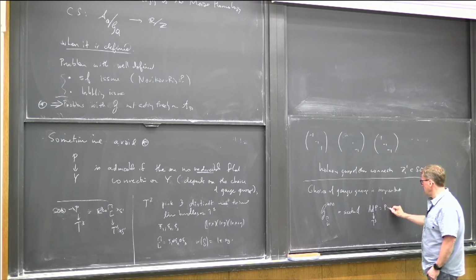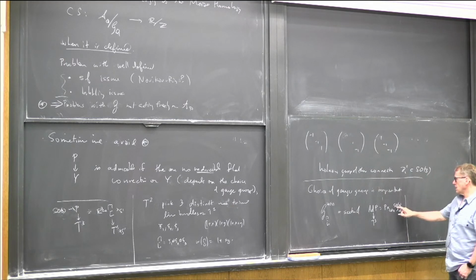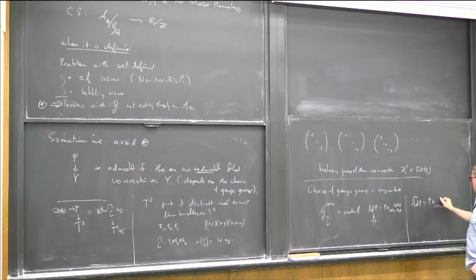Remember, this is P cross over SO3 with SO3, where it's acting by the adjoint representation. But there's a slightly more clever thing that I could do and look at P cross over SO3. SO3 also acts on SU2 by conjugation. Right?